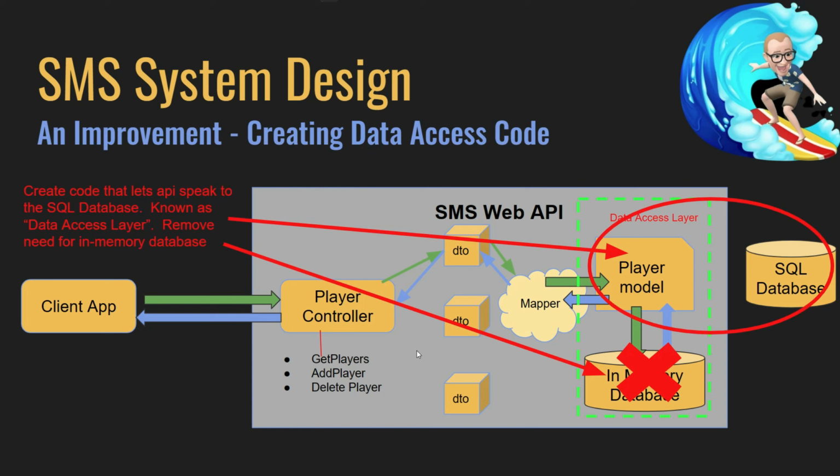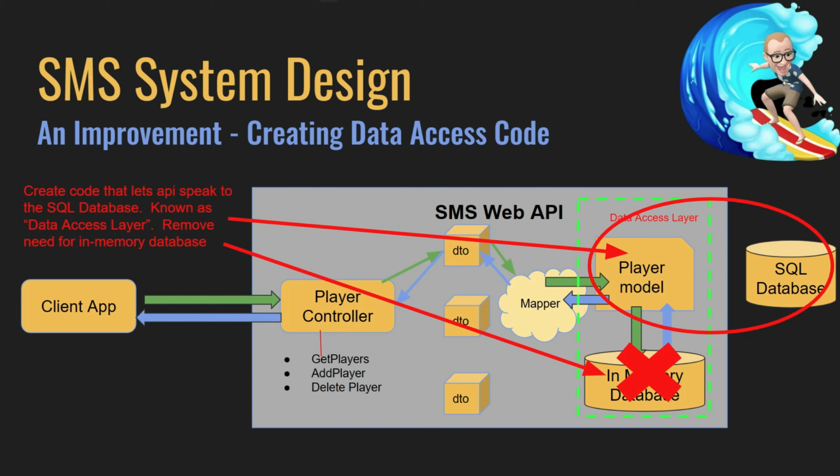So this is another improvement opportunity. And this improvement opportunity I've called creating a data access level with data access code. So the data access level is all the area on the diagram highlighted in this light green, and its purpose is to provide a separation of concerns in the system.